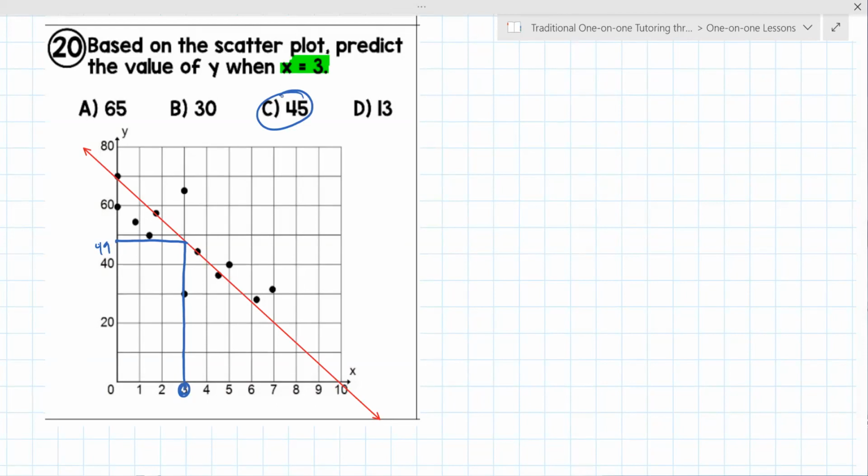Okay, so this is pretty clear how to do this. All right, I want you to try the last one on your own and let me know what you come up with.